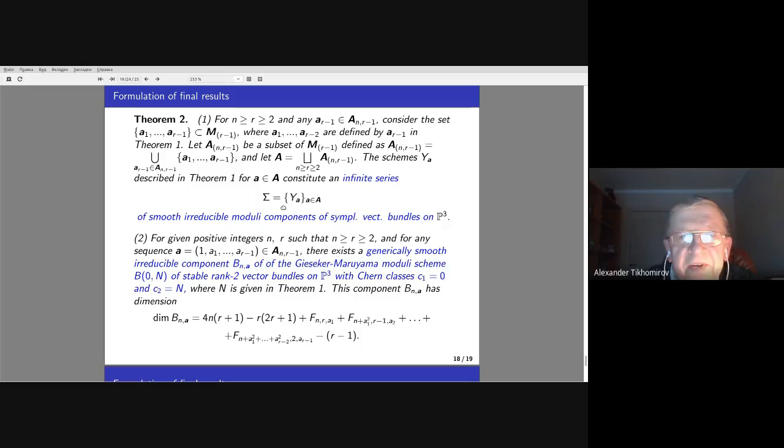So this is a very big infinite series of smooth irreducible modular components of symplectic vector bundles on P3.